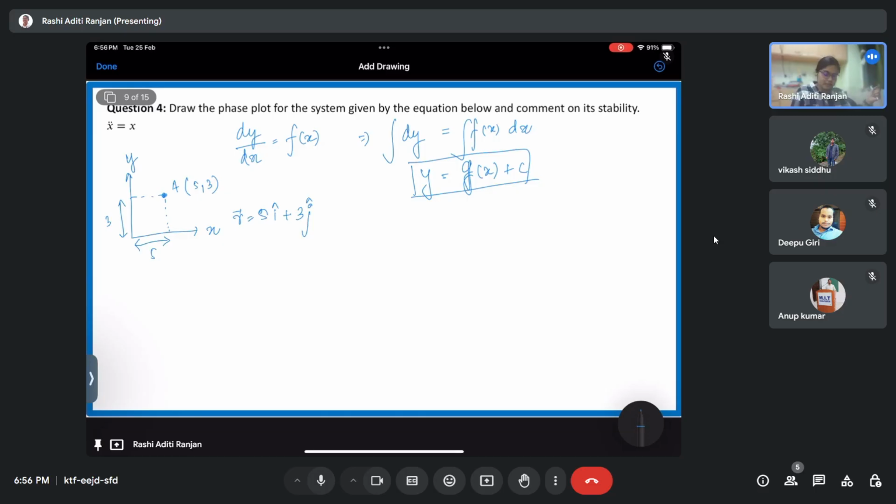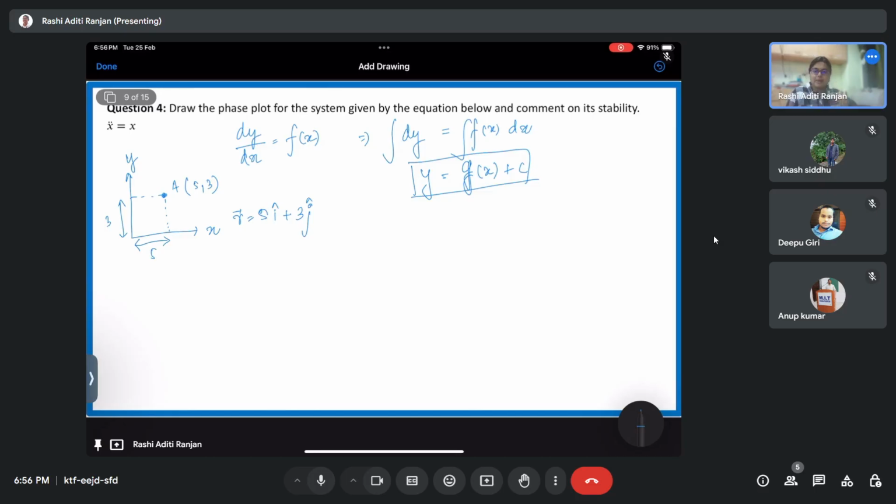is nothing but a unit vector in the x direction, and it is independent of the y direction. Correct? And this j cap is nothing but the unit vector in the y direction, independent of x.